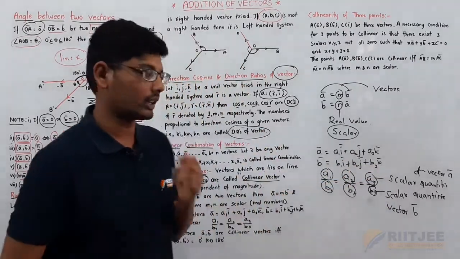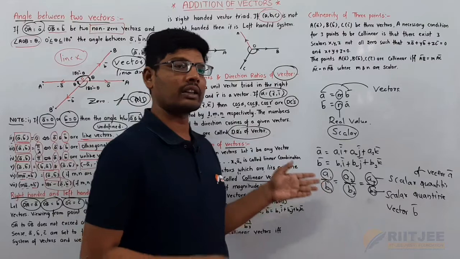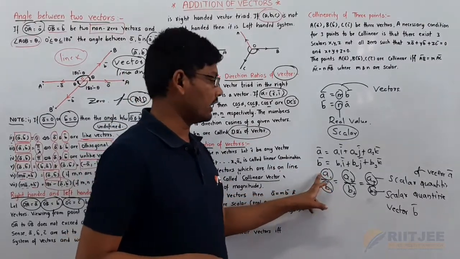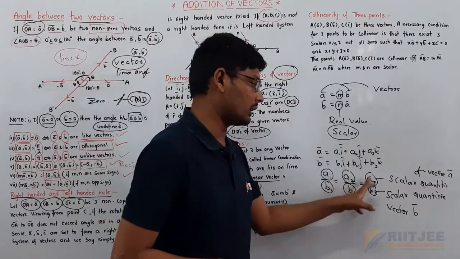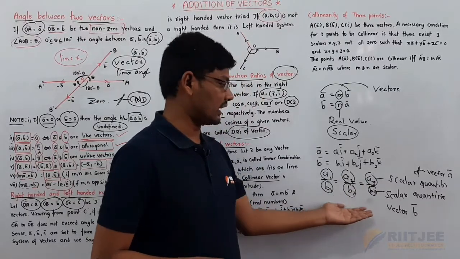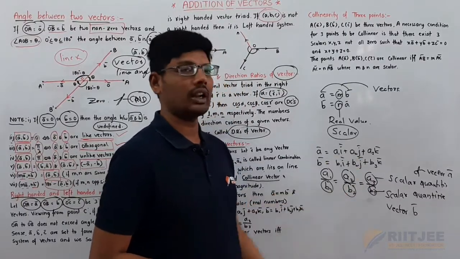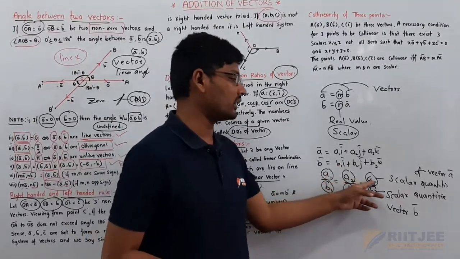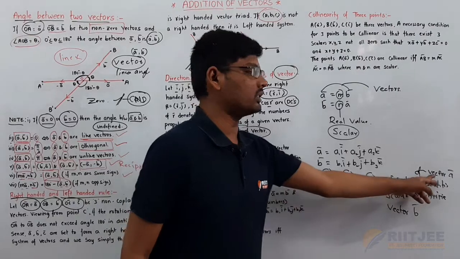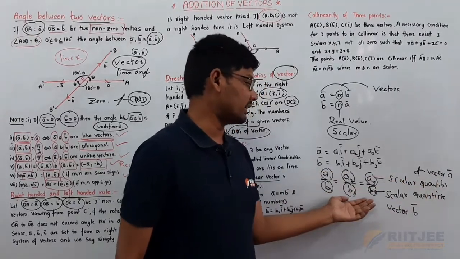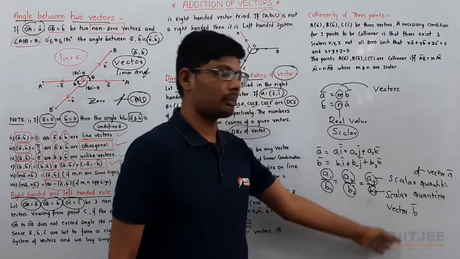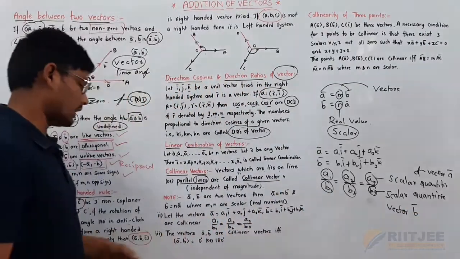If these two vectors are said to be collinear, the condition must be satisfied: a1 by b1, a2 by b2, a3 by b3 are equal. If this condition is satisfied, then these two vectors are collinear. This is all about the next point.